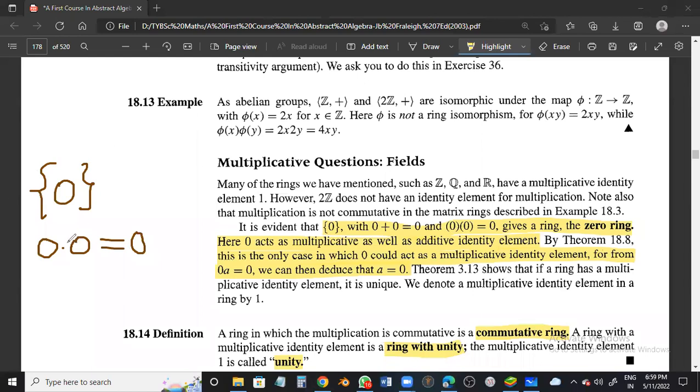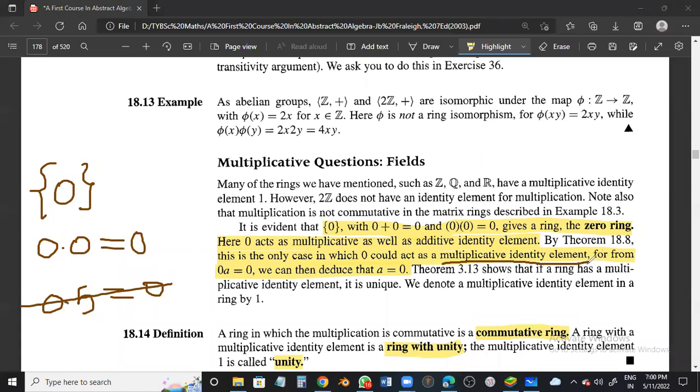And there is no other entry. If there would have been any other entry, like suppose 5, 0 into 5 will be 0, which is not returning 5 to me. That kind of thing is not there because my set contains only singleton 0. So 0 plays the role of multiplicative identity element also. In this case, 0 is acting as multiplicative identity element.